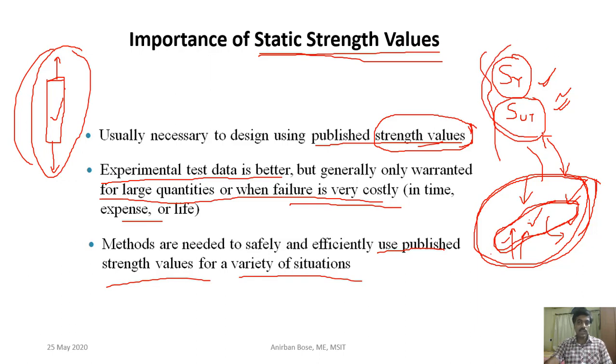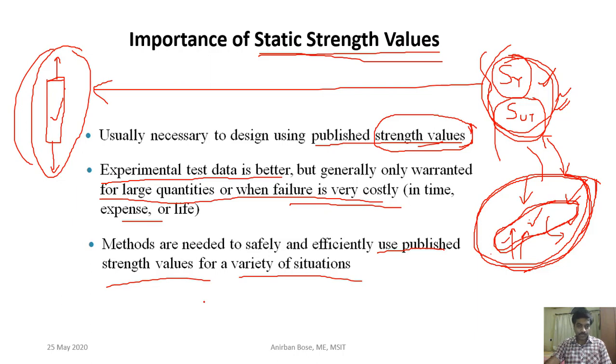Then how to relate these two is the whole motivation of studying the theories of failure. So theories of failure give you the idea or guideline of how you can compare this with the simple strength values that we get from the tensile test data, so that we can compare safely and efficiently.